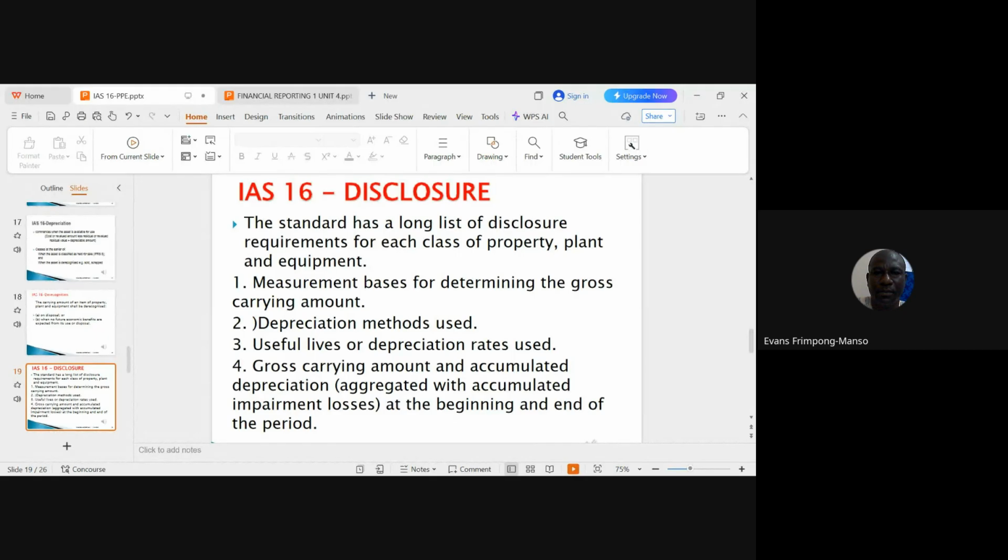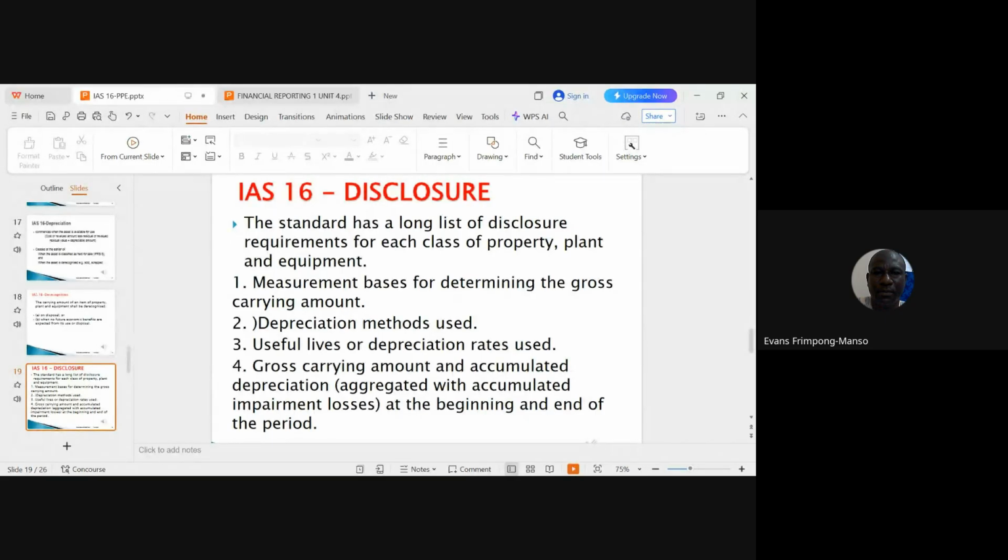So information about property, plant, and equipment that we should disclose when we prepare the financial statement are what I have put there as 1, 2, 3, 4, 5 in that order. 1 is the method that you use in measuring the property, plant, and equipment.